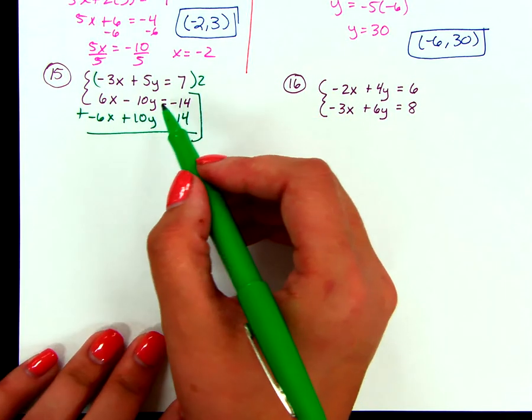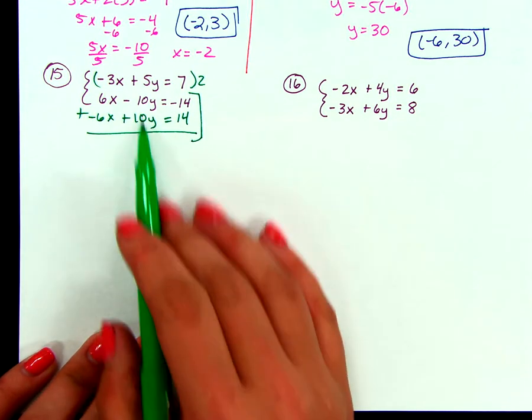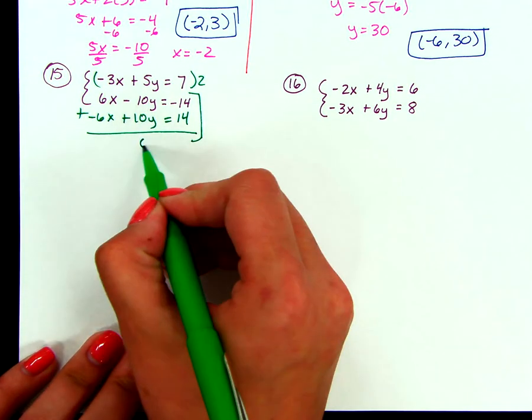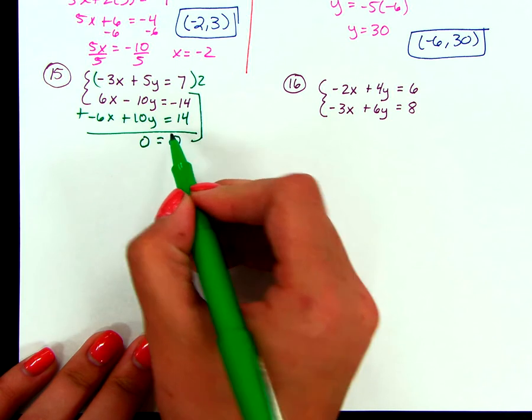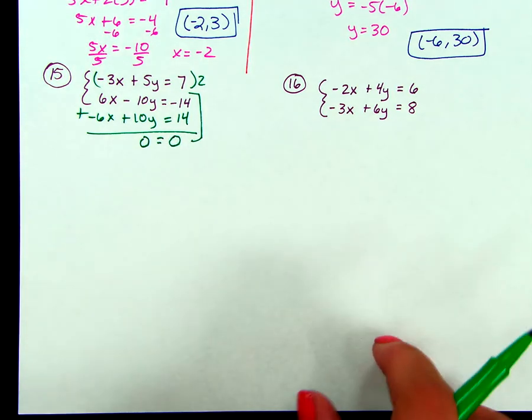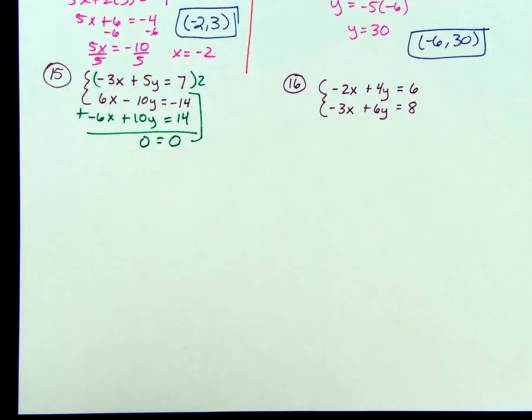So when I add, x's are 0. And if I'm looking, my y's also cancel out, so I'm going to have 0 on this side. And then negative 14 plus 14 also gives me a 0. So remember, when we're solving, if all of our variables cancel out, we have one of two cases. We either have no solution, or we have infinitely many solutions.